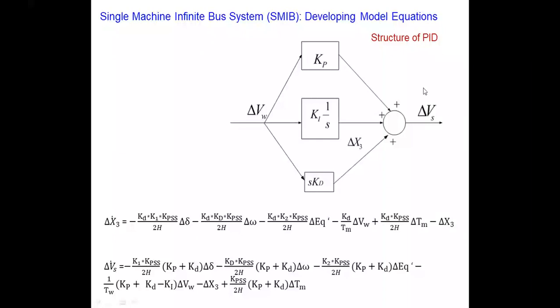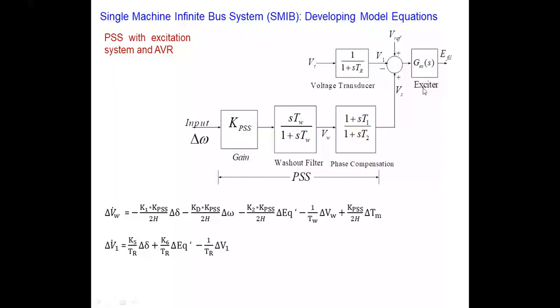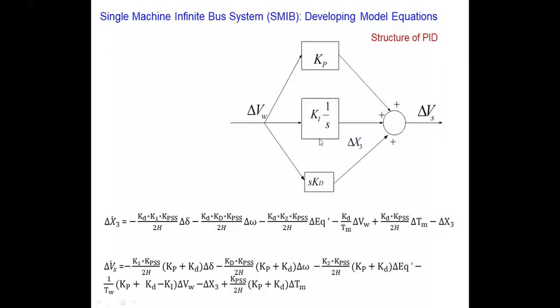So if you want to have PID implementation, the compensation part, that means between VW and VS, you can replace by the three gains of PID here. So you have input VW and dial VS. So thus we have the compensation being replaced by PID structure.